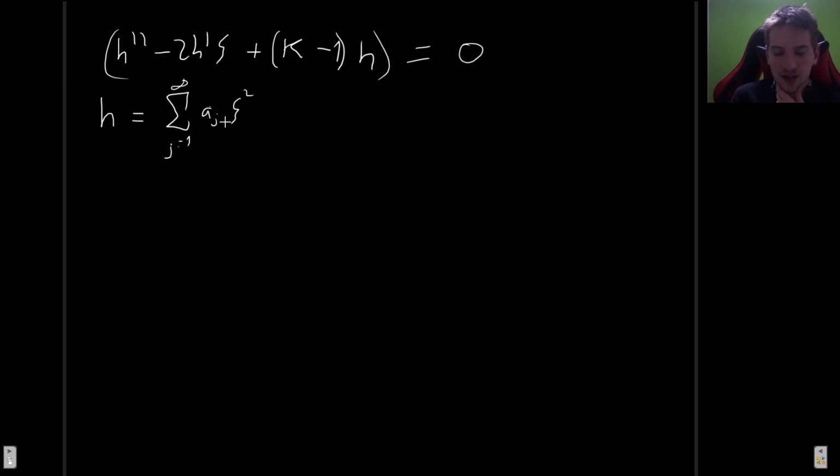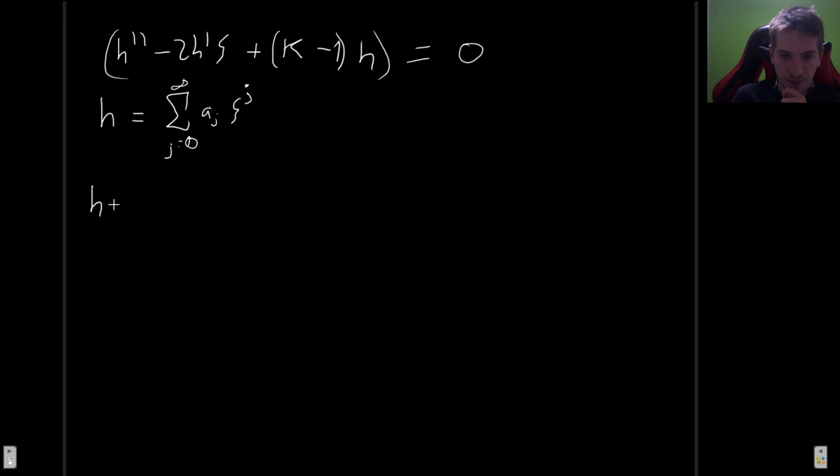So basically there's some coefficients times our polynomial to the jth power. Okay, that's supposed to be a j. Kind of wrote that squared out of inertia. Okay, so this is the sort of solution that we are looking for. Now, in order to put this in there, we need to find h prime and h double prime in this form.